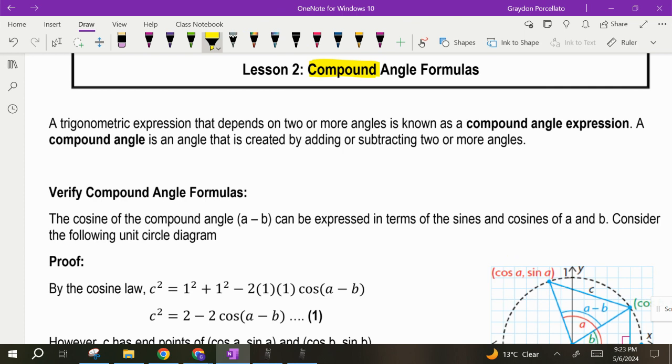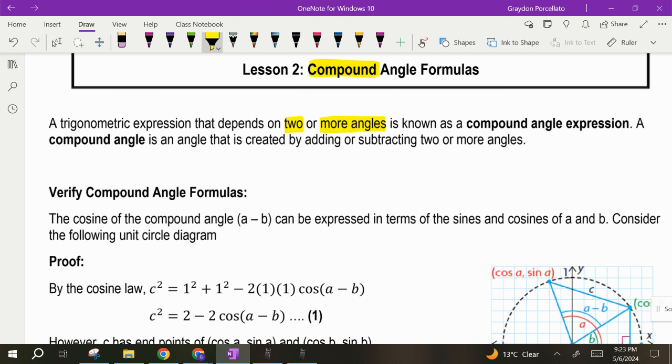Let's read this first part here. It says a trigonometric expression that depends on two or more angles is known as a compound angle expression. We're putting two angles together to create a compound angle. You can think of chemistry, maybe you have compound elements.